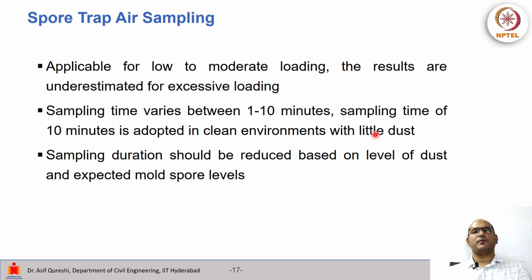If the environment is more contaminated, we will reduce the sampling duration. Sampling duration should be reduced based on the level of dust and expected mold spore levels. If there is a lot of dust or a lot of spores possible, maybe from 10 minutes we will change the sampling time to only 1 minute, so that we do not saturate our available sites for attachment.